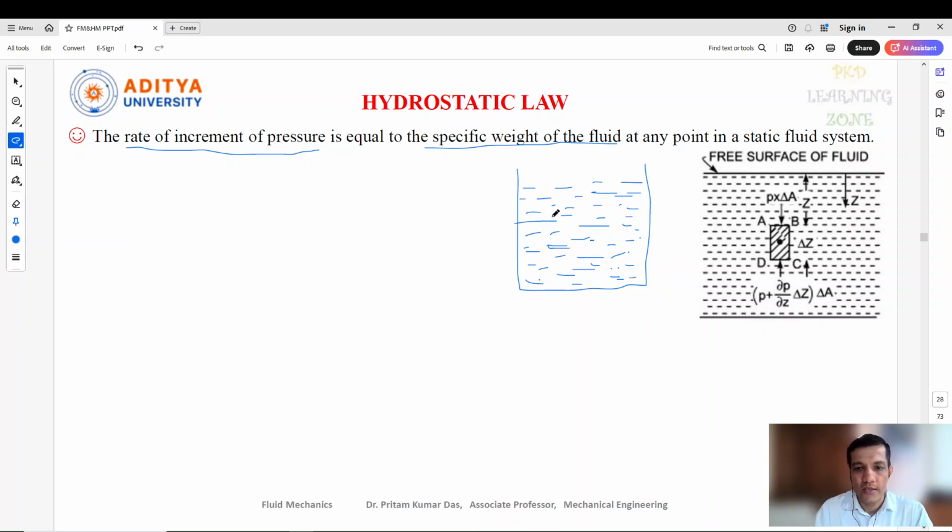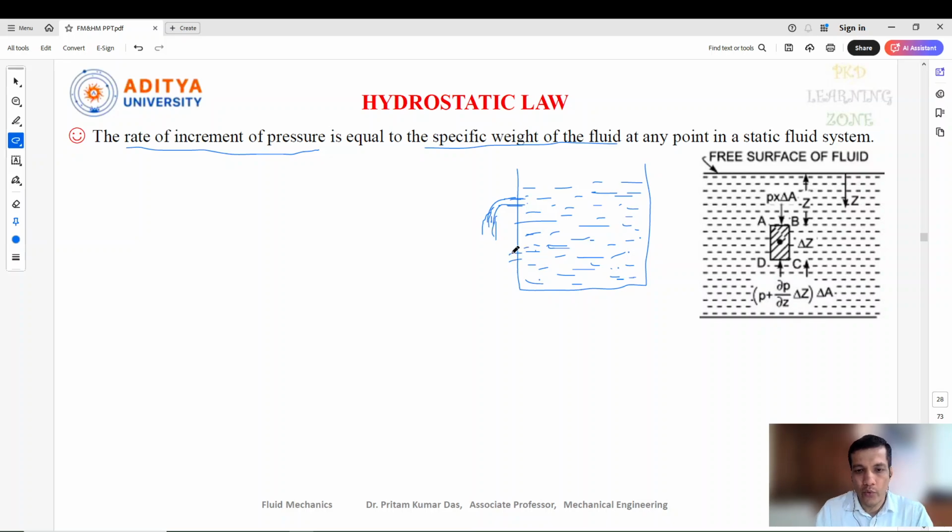Now if you want to measure what kind of pressure is there at different points, what we can do is make a hole here and another hole here. So the flow rate, or discharge, of the liquid which comes out from the upper hole is very small, so it falls down at this spot itself.